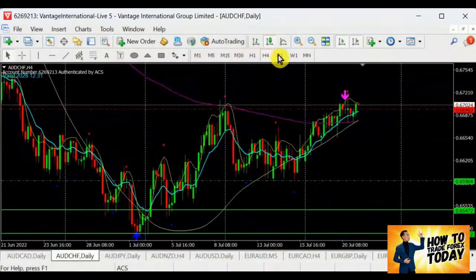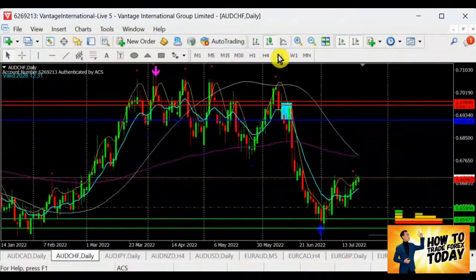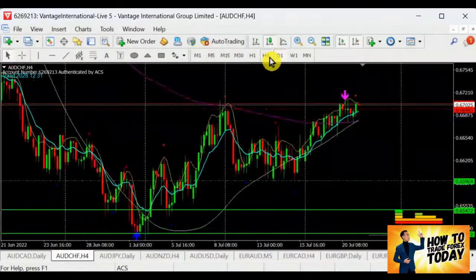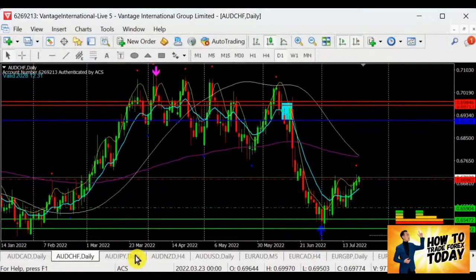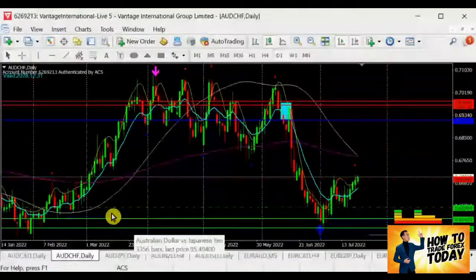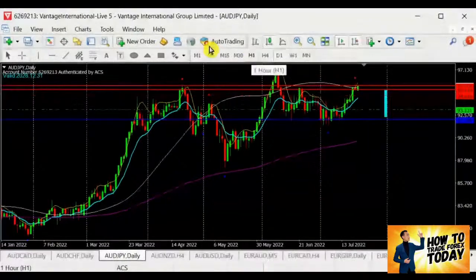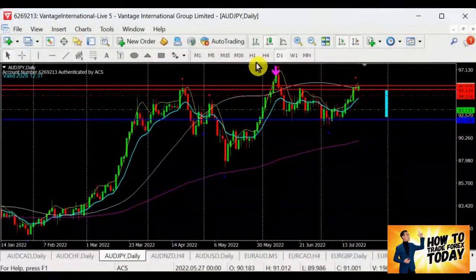For Aussie franc, we are also moving into a bull market soon, so tentatively I'm not going to touch this. It seems like the Aussie has started to retrace. Aussie yen is on the bull side, so no selling.